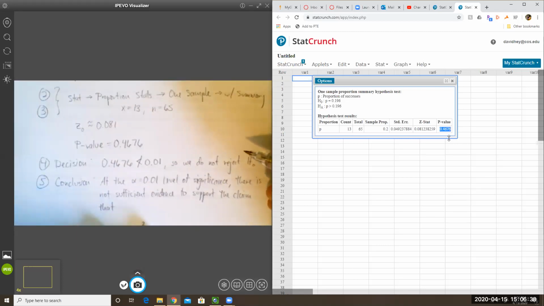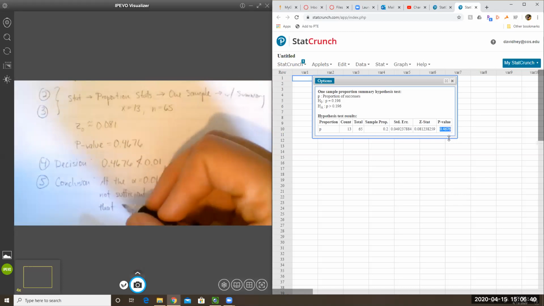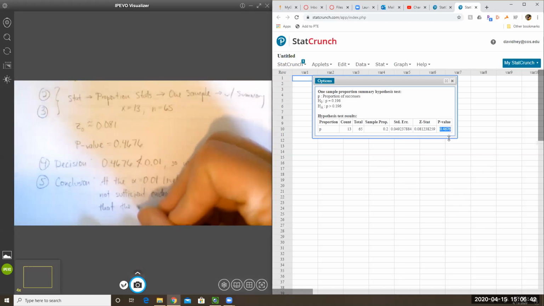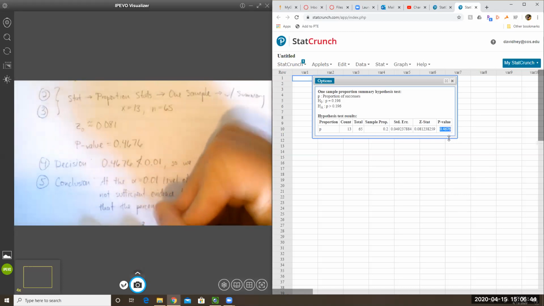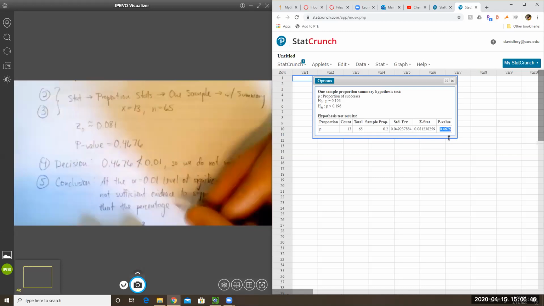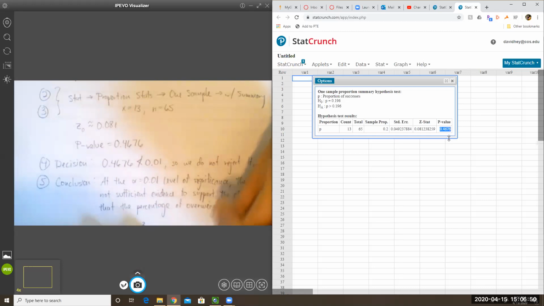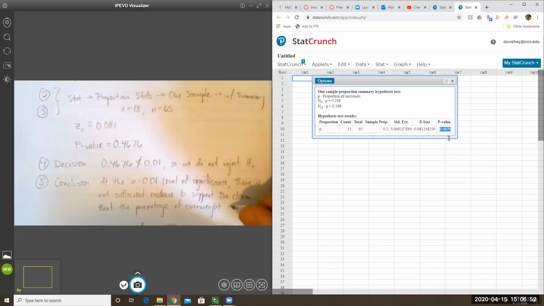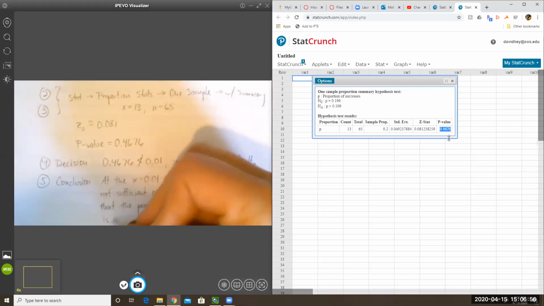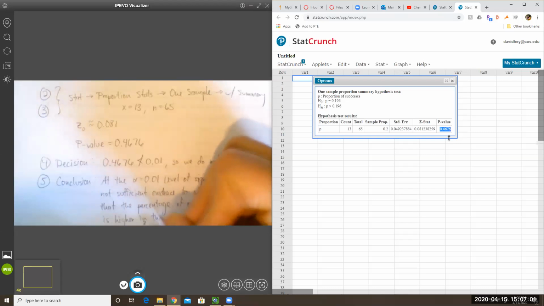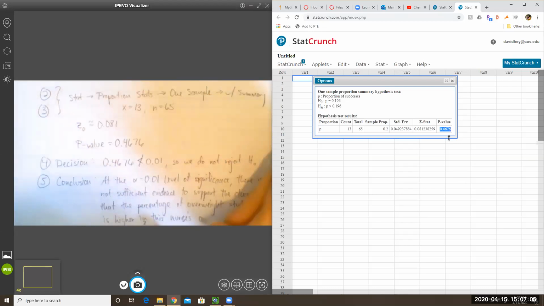So there's not sufficient evidence to support the claim that the percentage, I'm just going to abbreviate it a little, the percentage of overweight students is higher in this nurse's district.